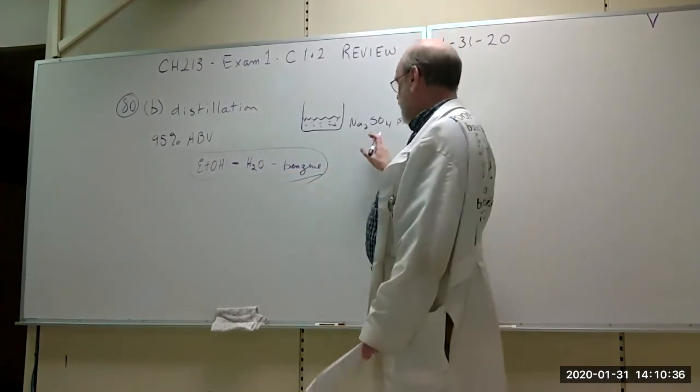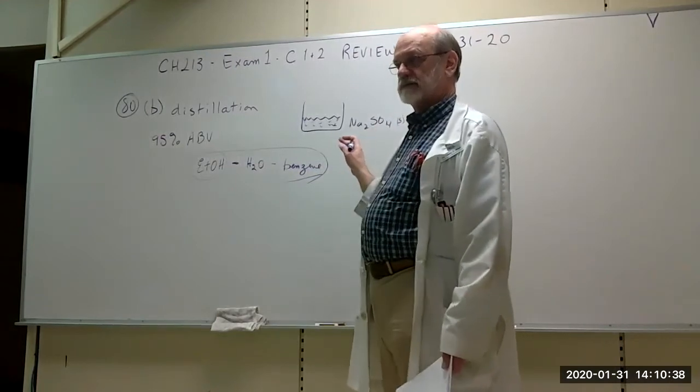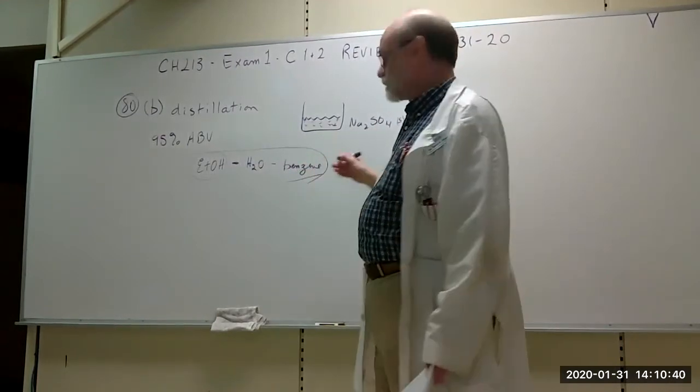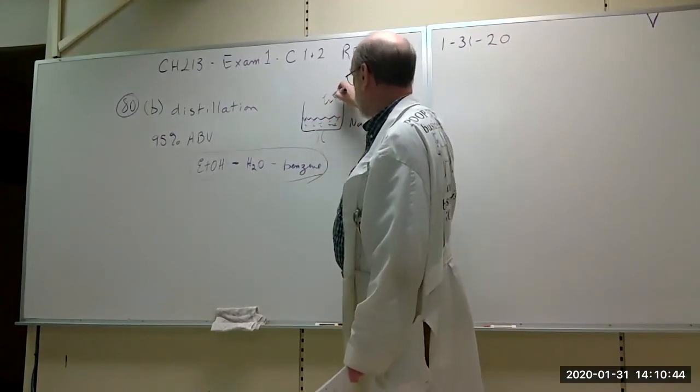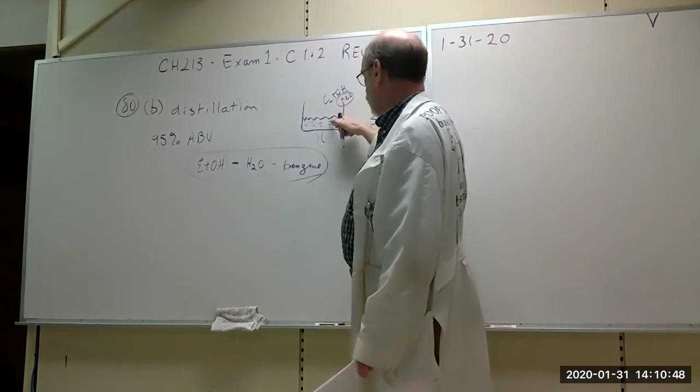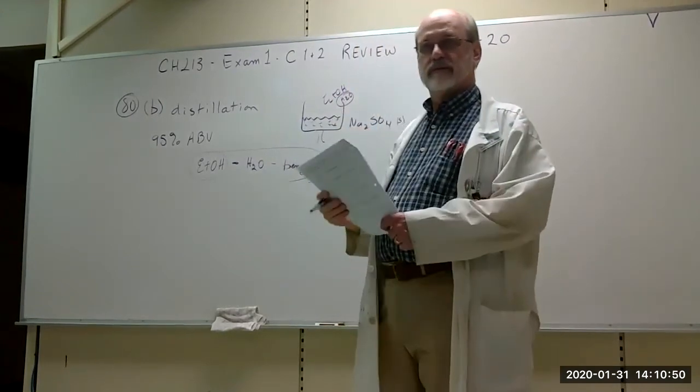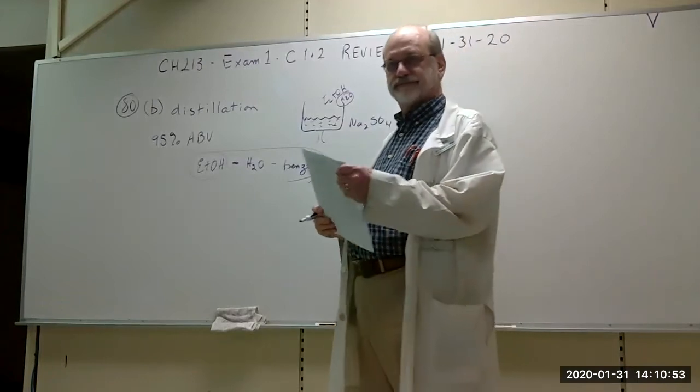The sodium sulfate has an affinity for water, right? Water of hydration. So if you pour your ethanol-water mix through here, it absorbs water and lets the ethanol come through, and you get 100% that way.